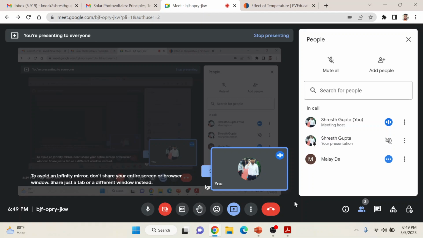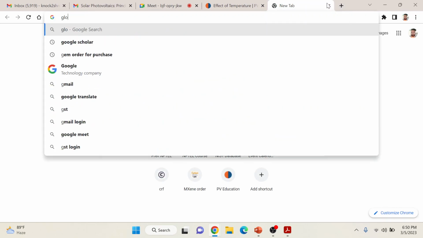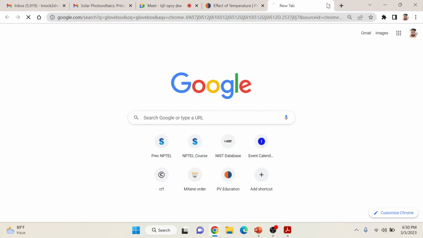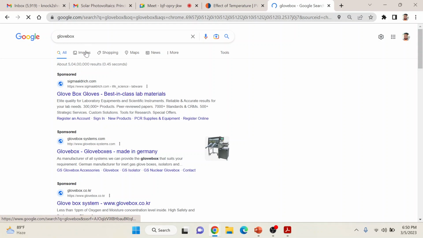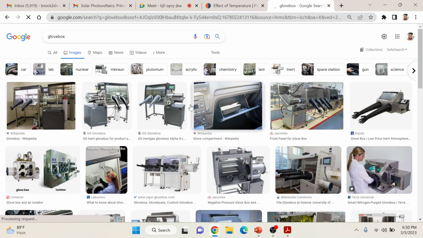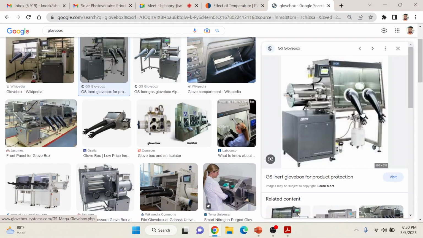If you remember my very first class, I was taking the class in a lab where there was a glove box placed behind me. I can show you if you want. Just a minute. Yes, sir, I remember. The glove box was behind you. Yeah, this is a glove box. So we generally do the fabrication inside it.